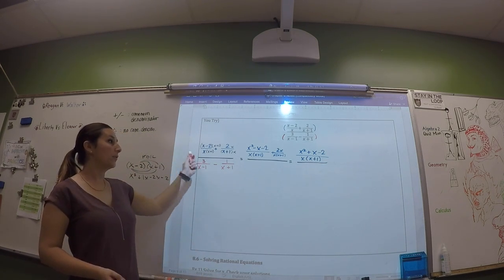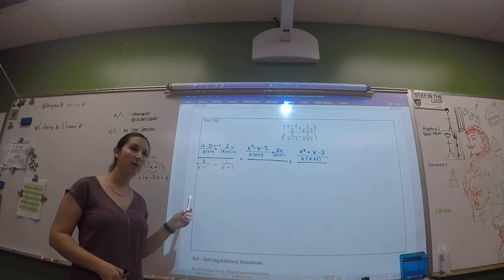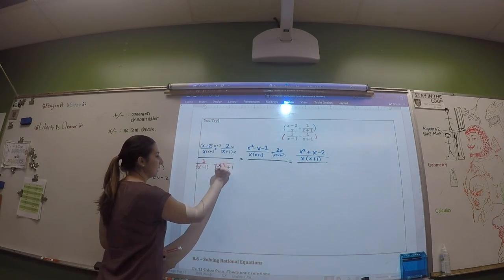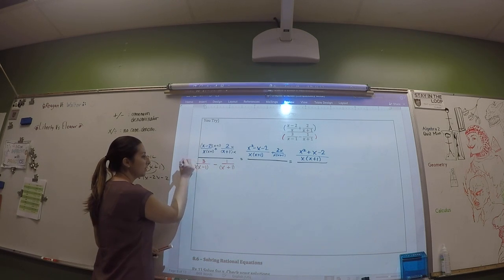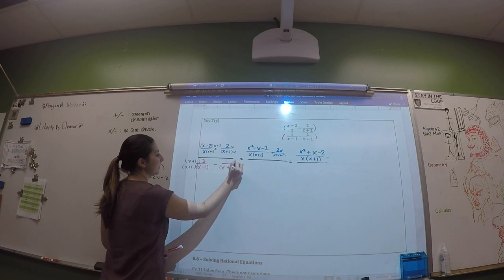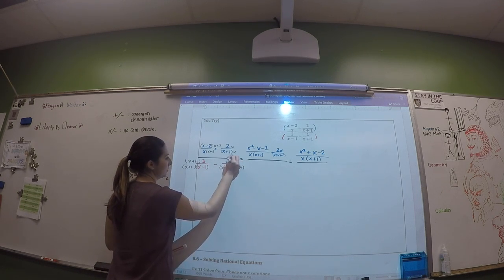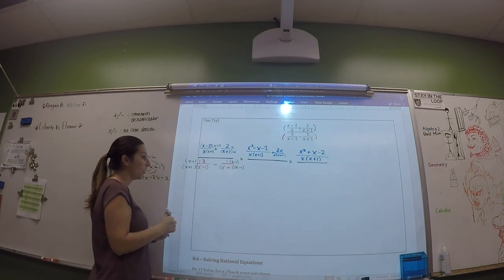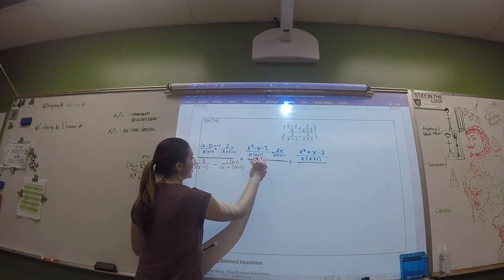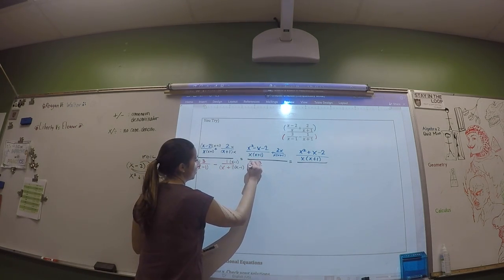Okay, so once you get your numerator as one fraction, get your denominator as one fraction. If this is an x minus 1, and this is an x plus 1, this needs to be multiplied by x plus 1, and this needs to be multiplied by x minus 1. And so this numerator becomes 3x plus 3 over the common denominator.